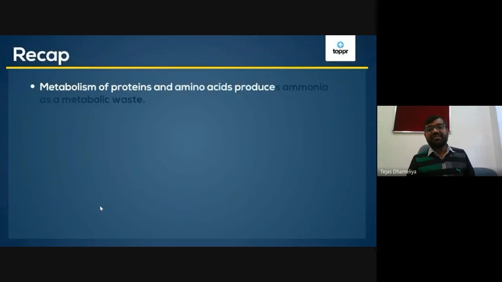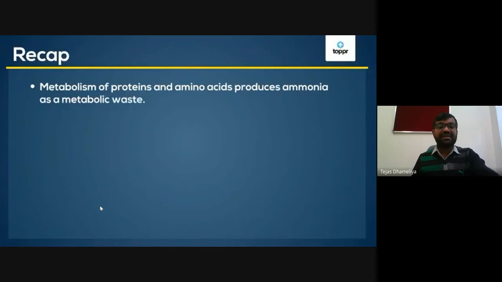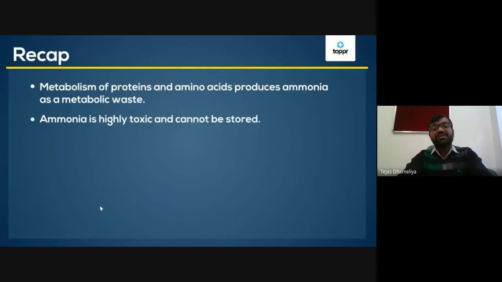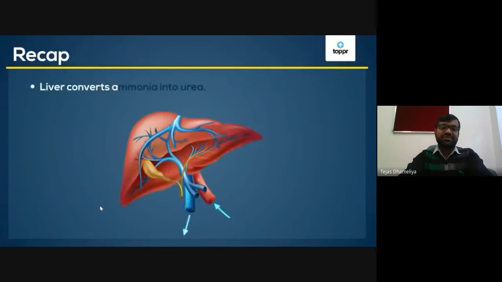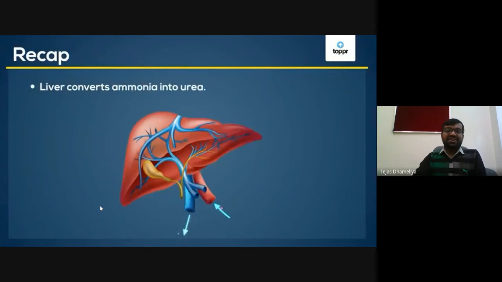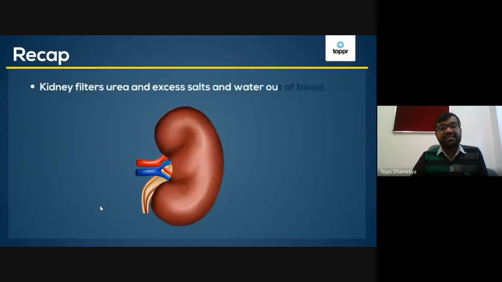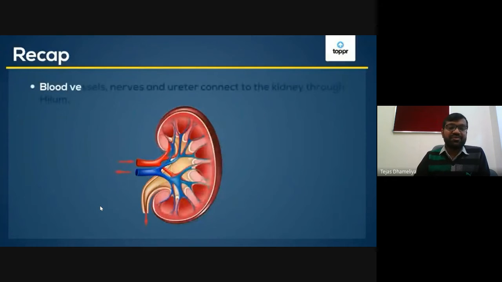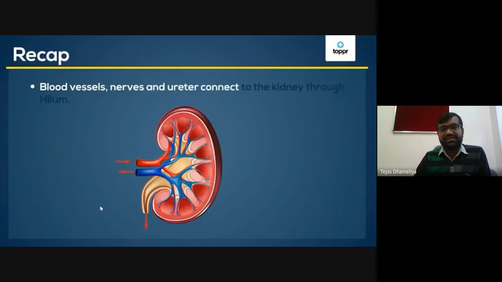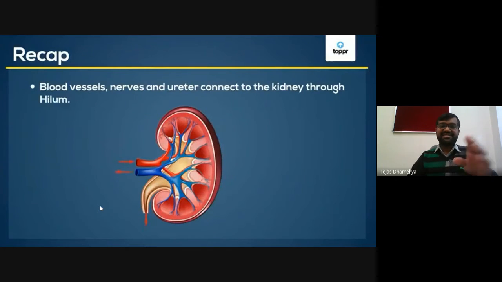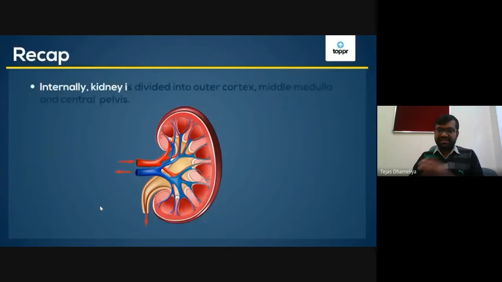Metabolism of protein and amino acids produces a metabolic waste, ammonia, which is toxic and cannot be stored. The liver metabolizes the ammonia to urea, and the kidney is the organ that removes the excretory salts in water. Blood vessels serve the purpose of this purification.